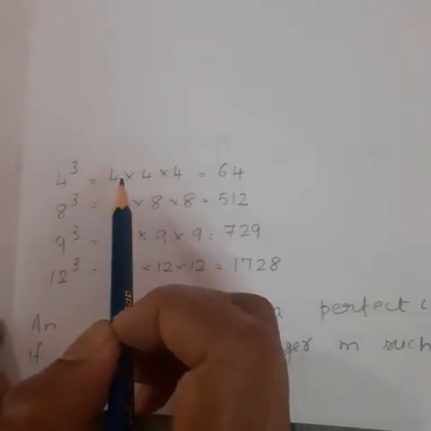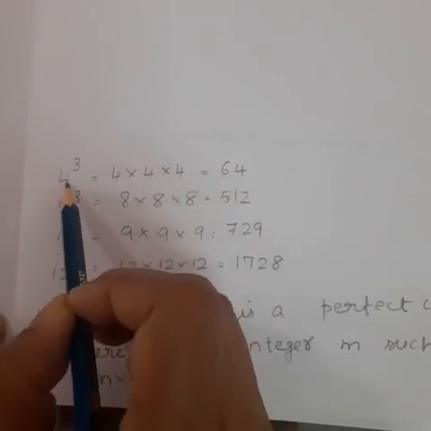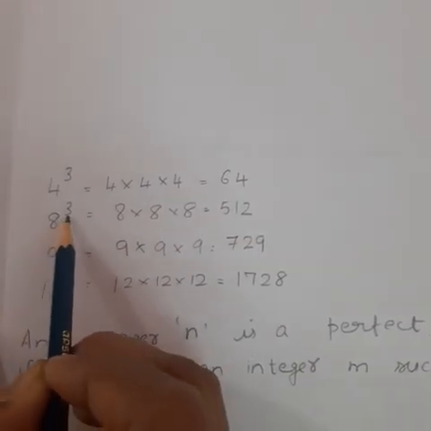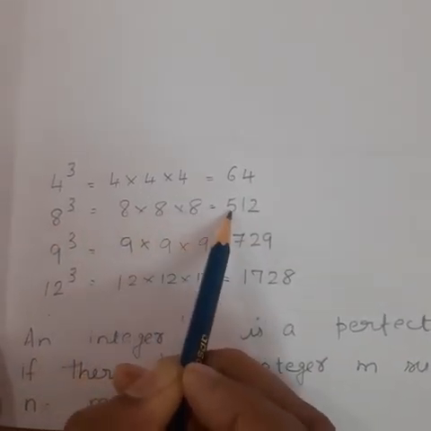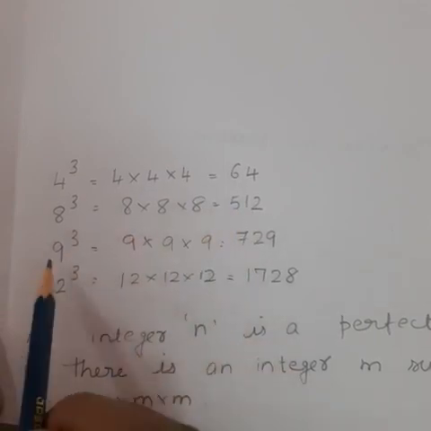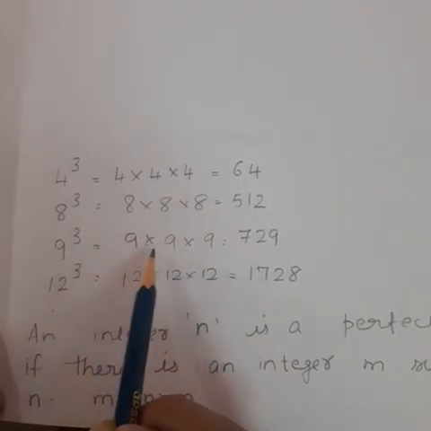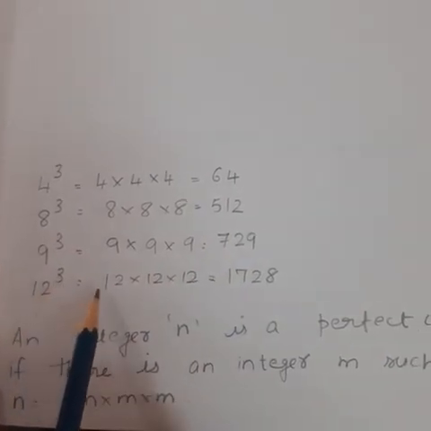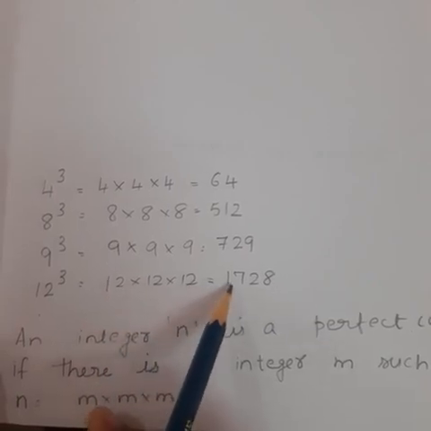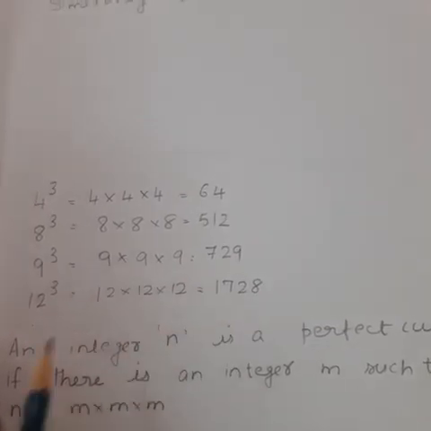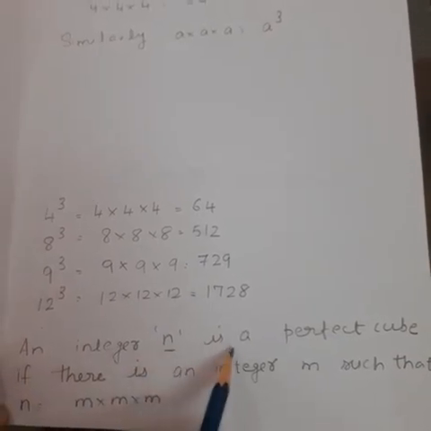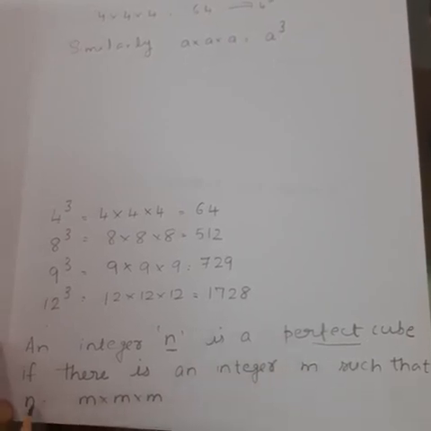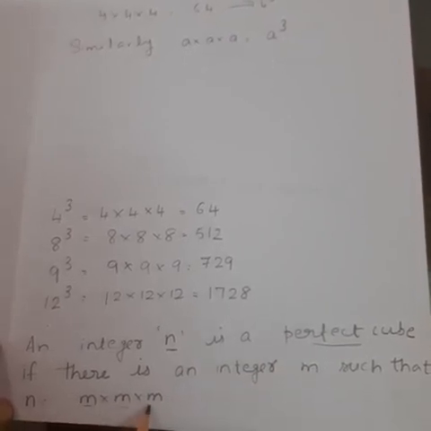Now observe the cubes of the following numbers. 4 to the power 3 is equal to 4 into 4 into 4, that is 64. 8 to the power 3 is 8 into 8 into 8, that is 512. 9 to the power 3 is 9 into 9 into 9, that is 729. 12 to the power 3 is 12 into 12 into 12, that is 1728. So an integer n is a perfect cube if there is an integer m such that n is equal to m into m into m.